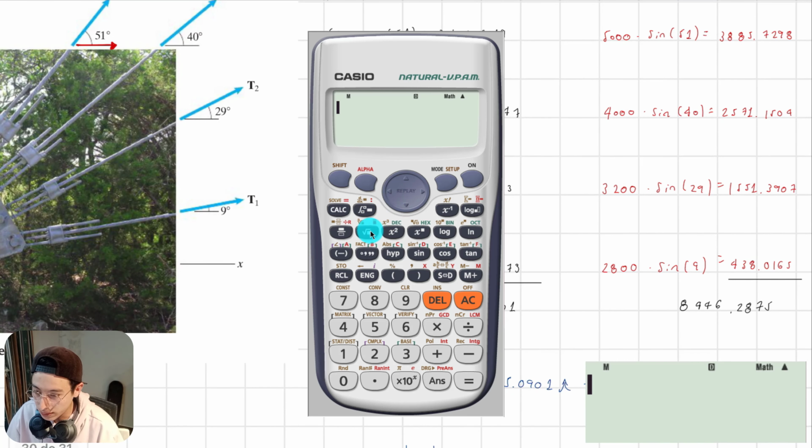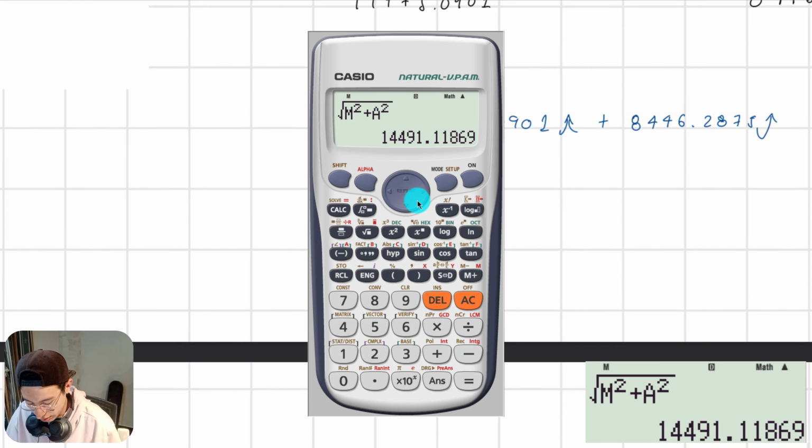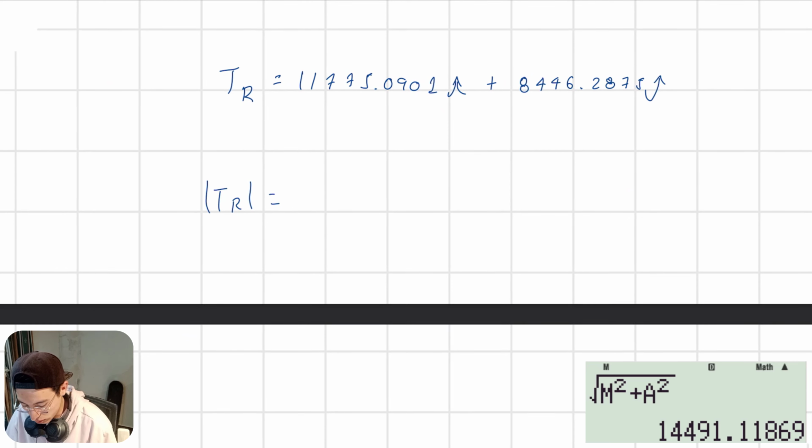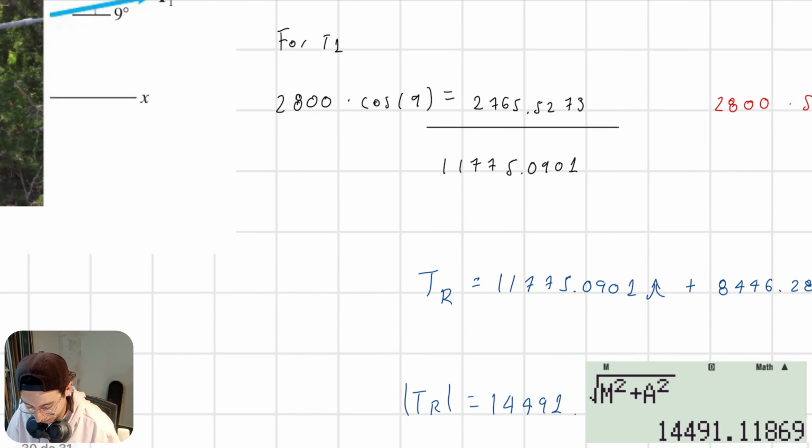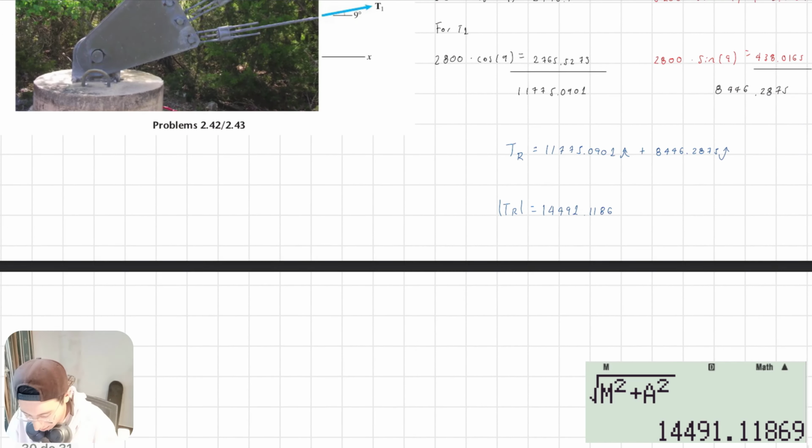So the final result is the square root of M squared plus A squared. The total force exerted is equal to 14,491.1186 pounds.